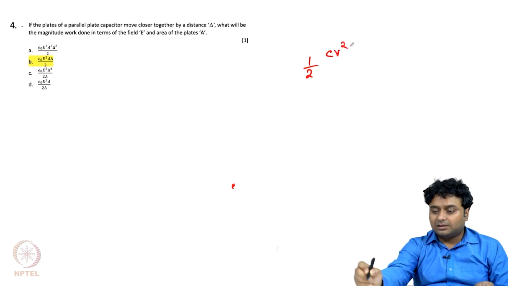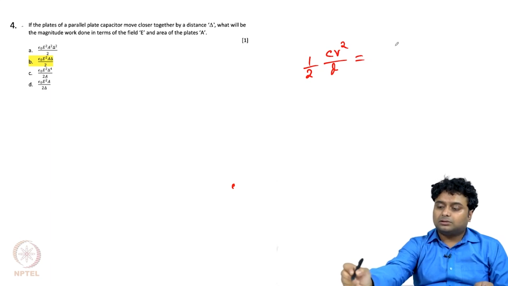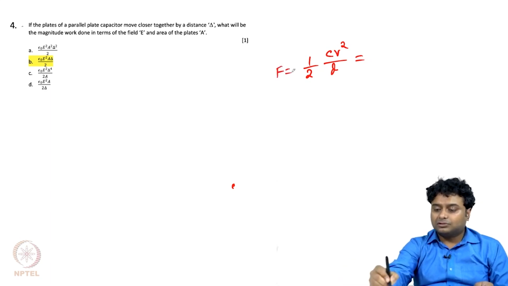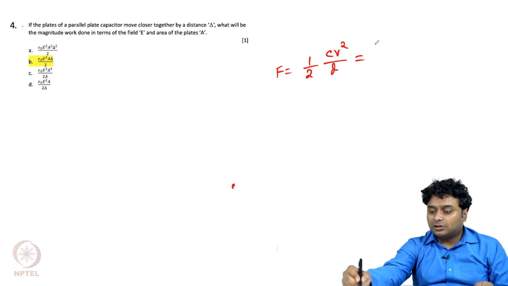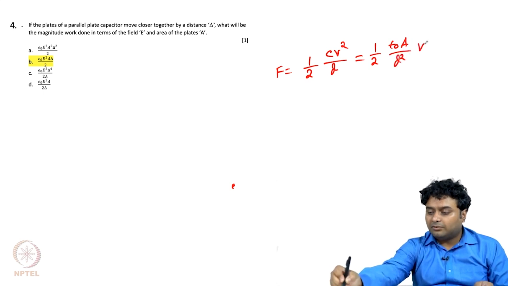Let us say the energy is half CV square, and then the gap d also comes down, so this is the force. Then C equals to epsilon naught A by d, so half into epsilon naught A by d square, and then you have V square.